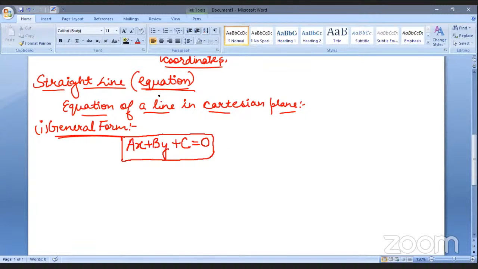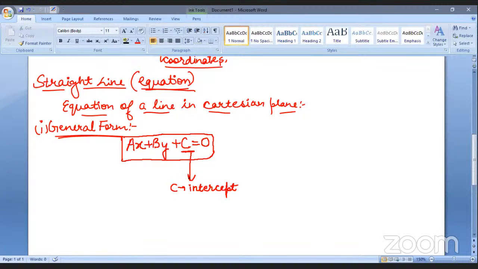This is the general form, where c is what we can call the intercept. Where the line cuts the axis is known as the intercept, and this particular value comes as c.